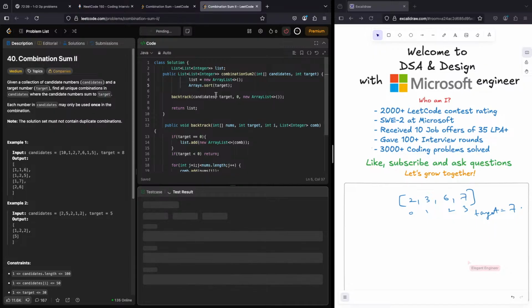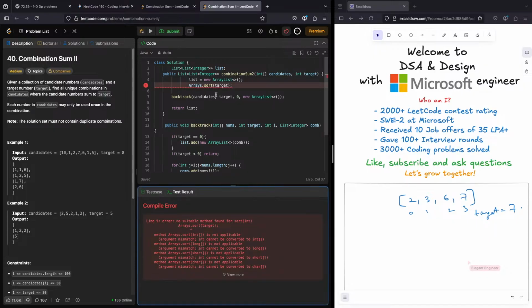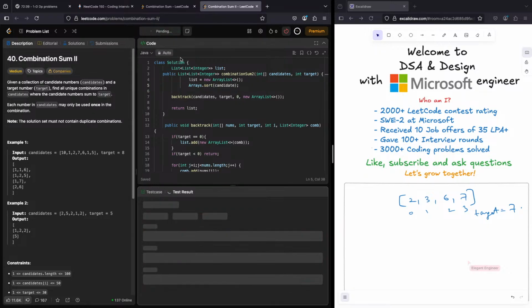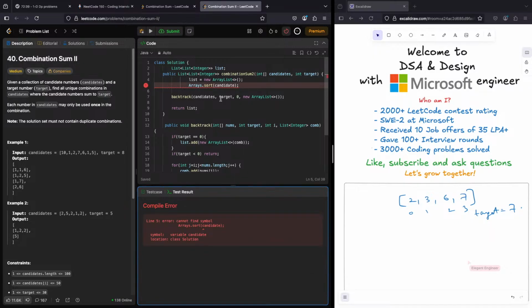I think this one. Or another way would be that we put all of them in a hash set. Yeah, I think that would be another way. We use a hash set.